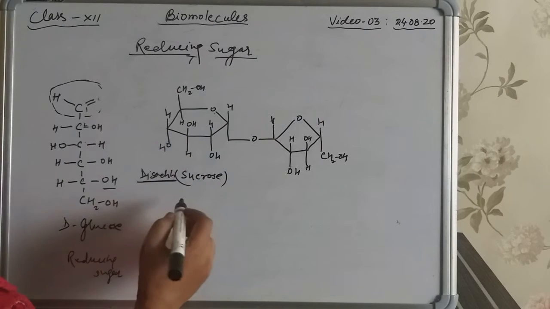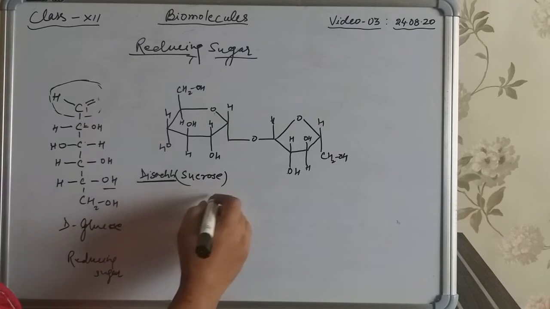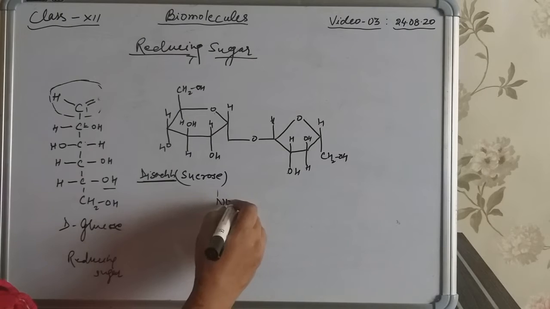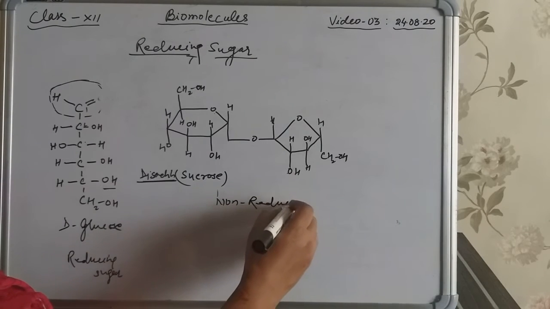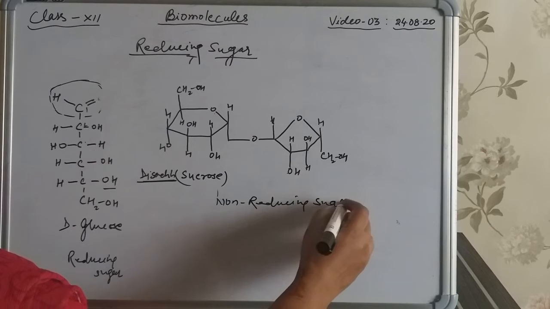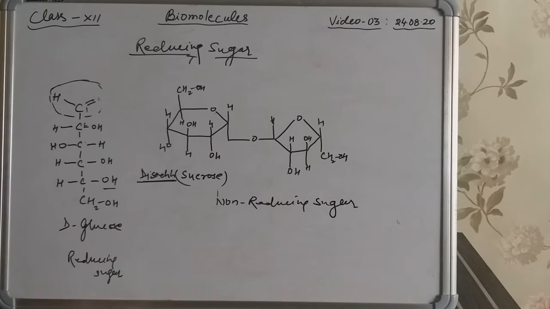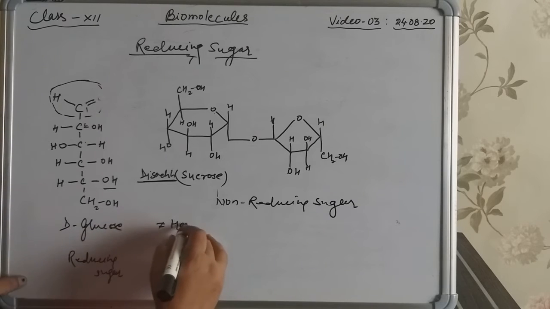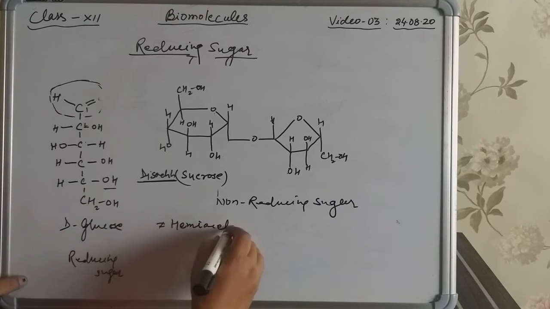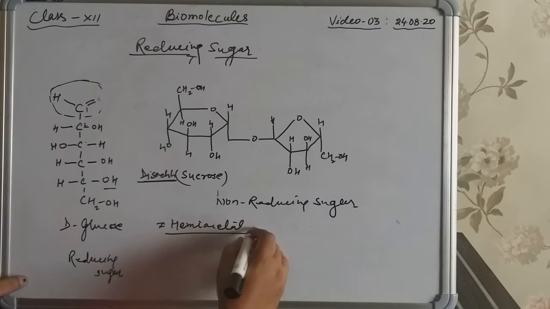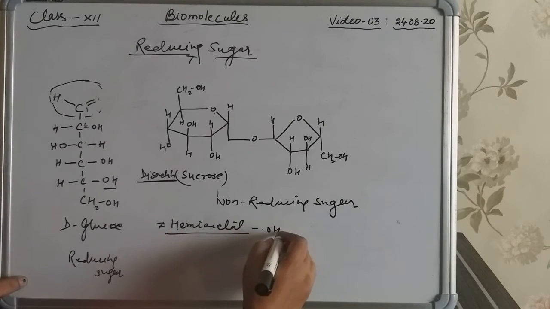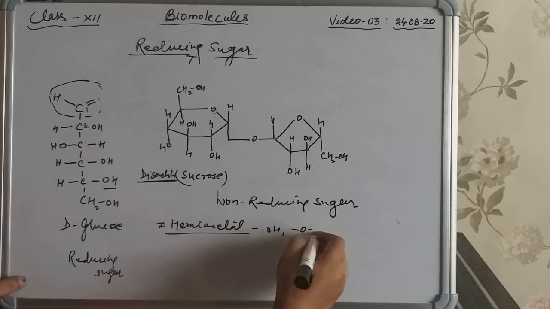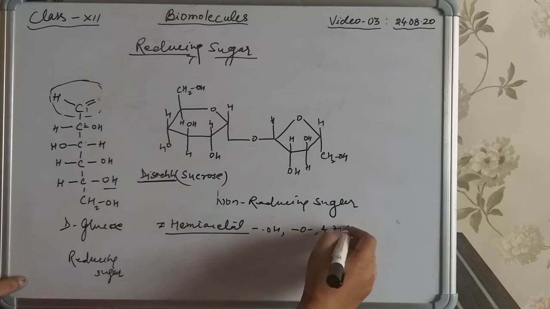In this way you can find out whether the given sample is a reducing or non-reducing sugar. The condition required for a reducing sugar is that it must be in hemiacetal form, meaning a carbon connected with one OH group, one ether group, and one hydrogen.